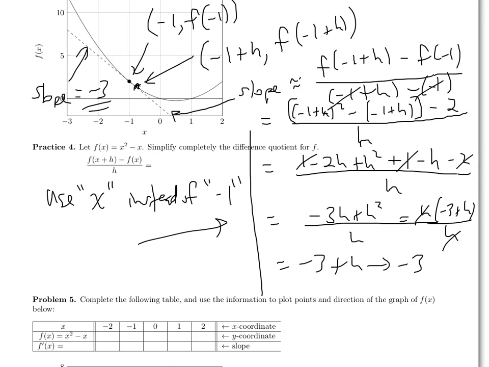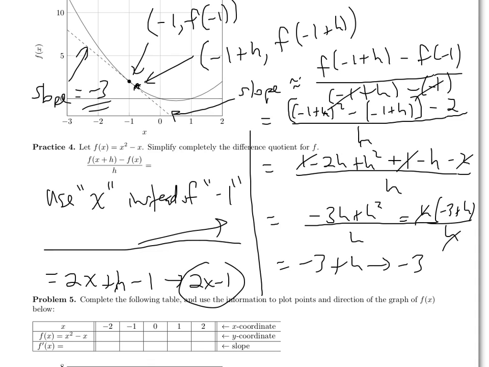And what's going to happen is, in terms of x, instead of getting a -3 plus h going to -3, your slope calculation is eventually going to be 2x plus h minus 1. And so as h gets close to 0, this is getting close to 2x minus 1. And so that's our idea of a derivative formula.